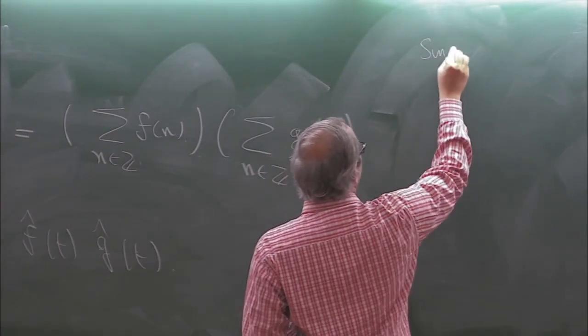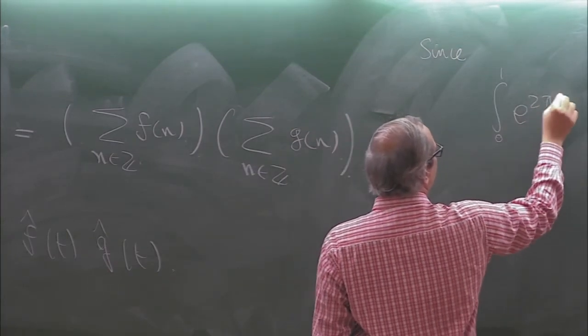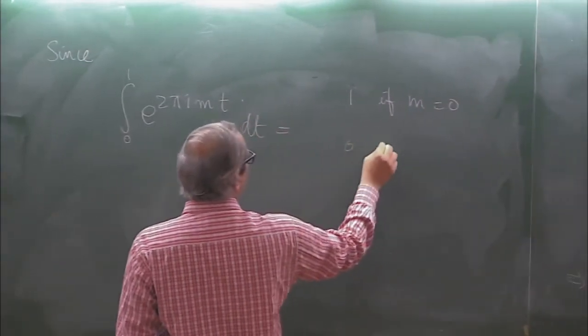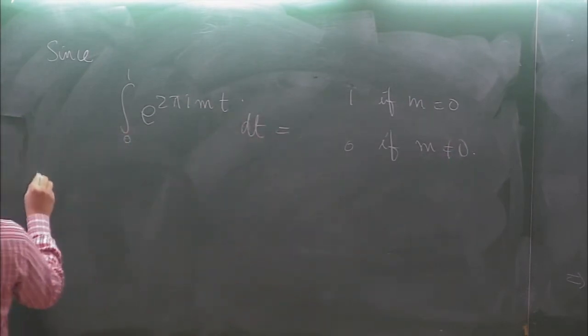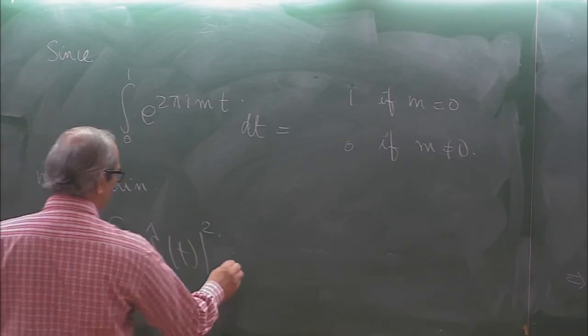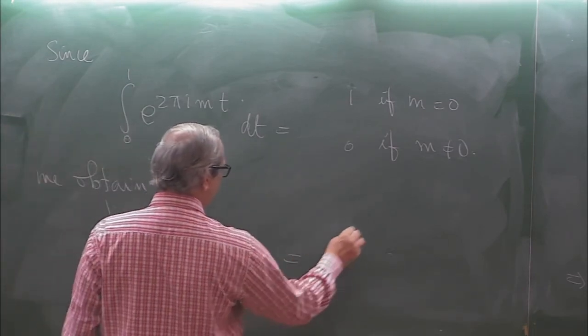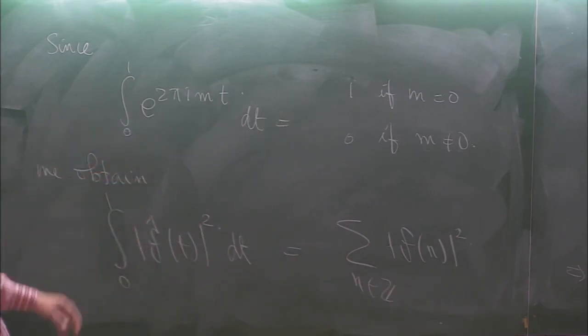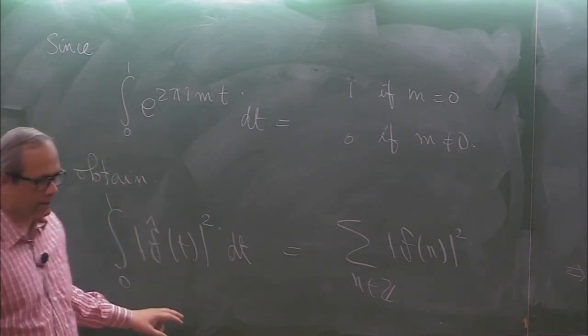Since the integral from 0 to 1 of e to the 2 pi i m t dt is equal to 1 if m is 0 and 0 if m is not equal to 0, we obtain what is called the Plancherel or Parseval formula: the integral from 0 to 1 of |f hat of t| squared dt is the same as the sum of |f of n| squared, n in Z. This follows by the usual way of writing this as f hat of t times the complex conjugate of f hat of t, and since f hat is a finite trigonometric polynomial, you multiply out the terms and apply the orthogonality of exponentials to arrive at the conclusion that's given.